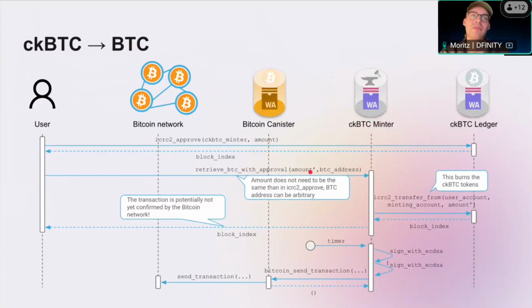Here we can provide an amount that can be smaller than the amount that we approve for, of course. It can be bigger, but it can be smaller. And we also provide an address that we want to receive the Bitcoin on, on the Bitcoin network. And then what the ckBTC minter does is, on our behalf, using the transfer from endpoint on the ckBTC ledger, it burns our ckBTC tokens.